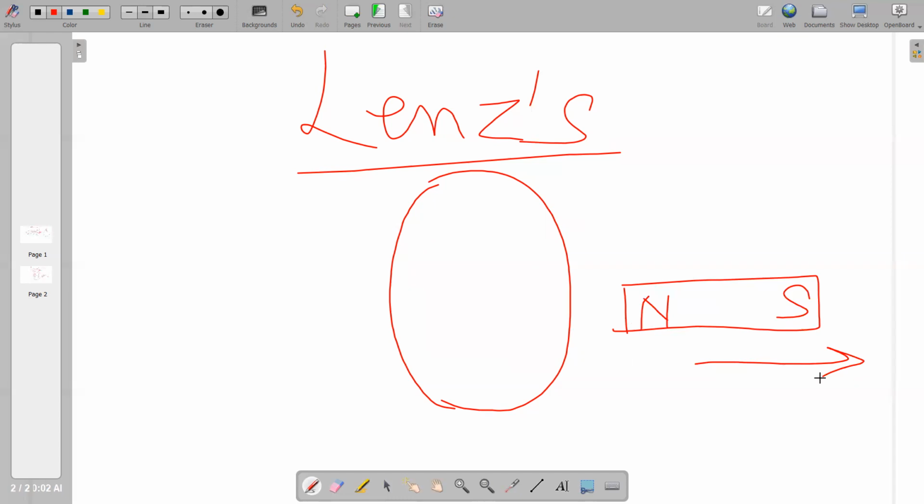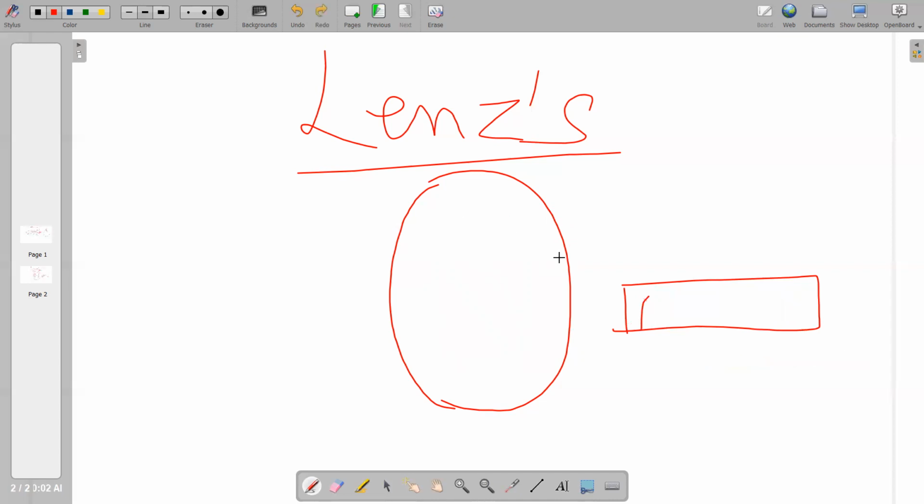Anti-clockwise. Oh, clockwise. Yeah, clockwise, because the north pole is going away, so it should induce a south pole on its face. So it should be clockwise. Clockwise current produces a south pole on the top of the coil.